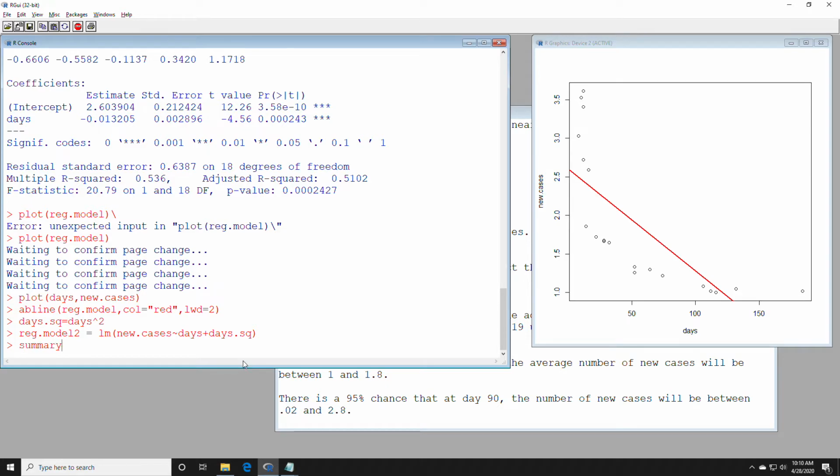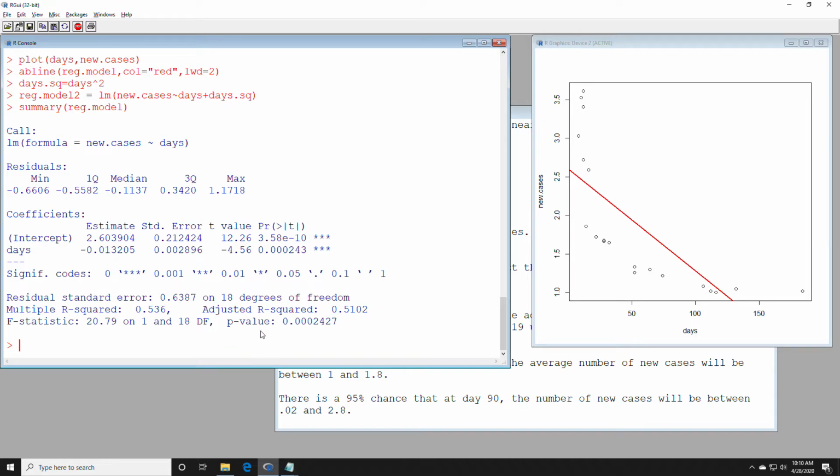So, summary of reg.model. Okay, notice I did something wrong. I called it reg.model2. So maybe to prevent errors, you should call it the same thing. But clearly I can see, where's my days squared? Oh, it's not here, because it's reg.model2.